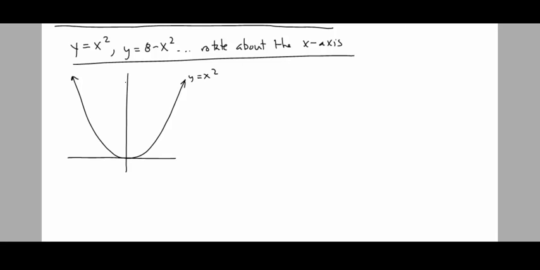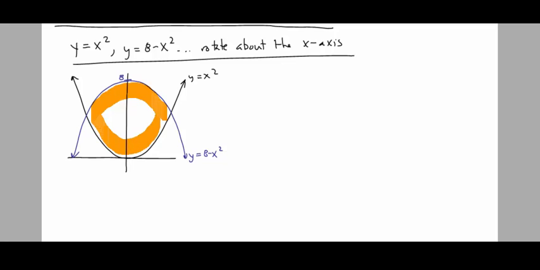And then our other one, y equal 8 minus x squared, is a parabola opening down 8 units up on the vertical axis. So this is the region that I'm trying to rotate.